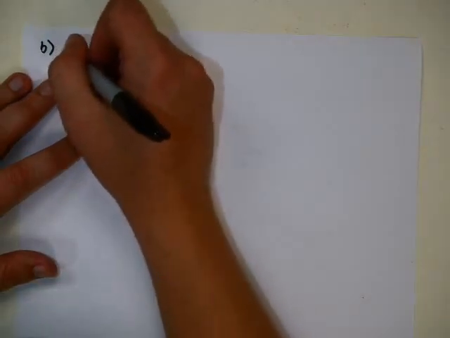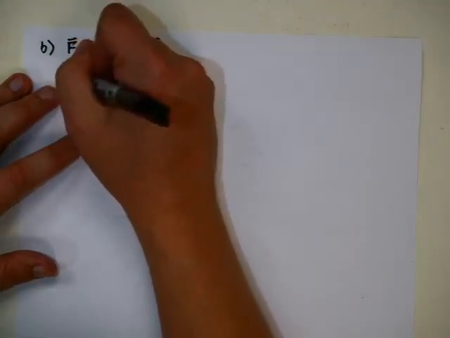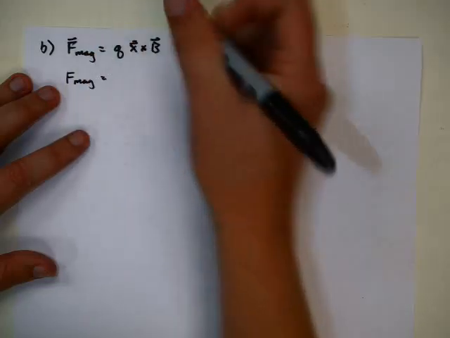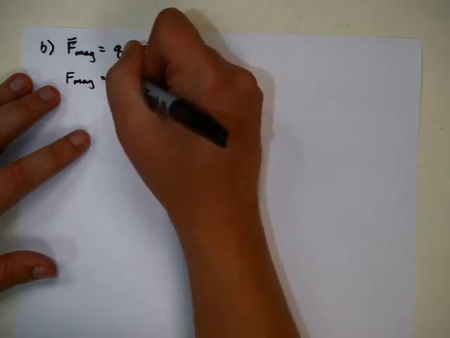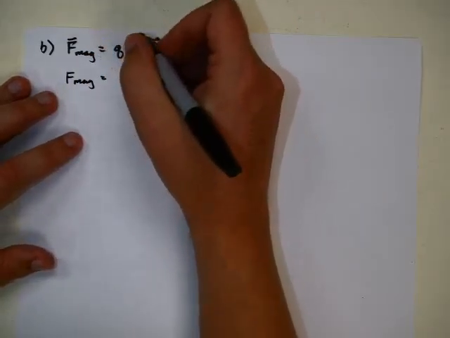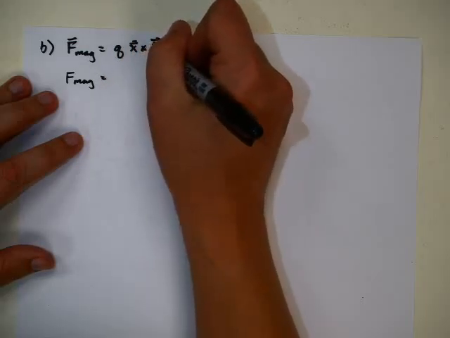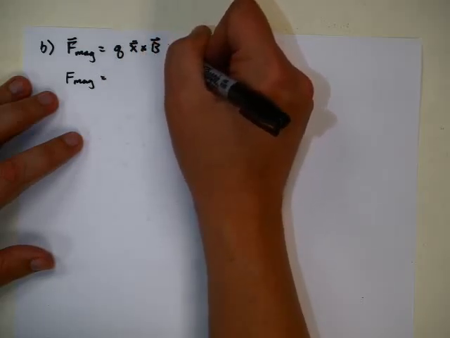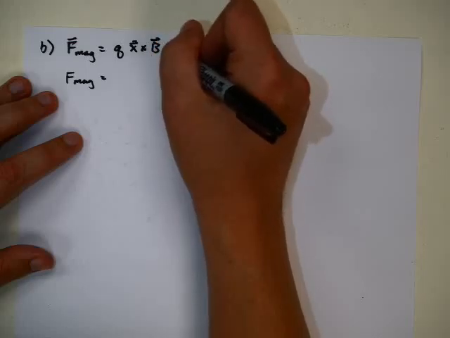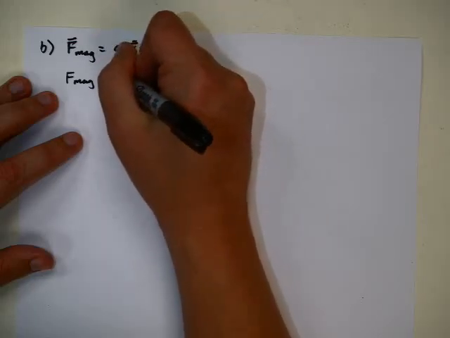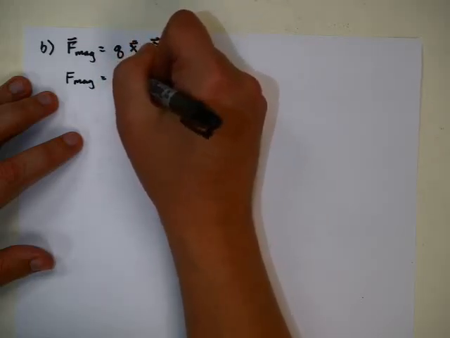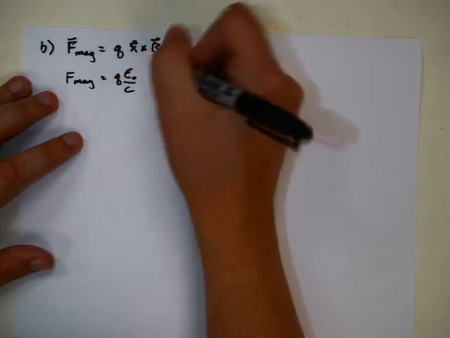So let's get going. So the magnetic force is equal to the B, right, is E naught over C, that's the magnitude, and then that same cosine. And so Q E naught over C.